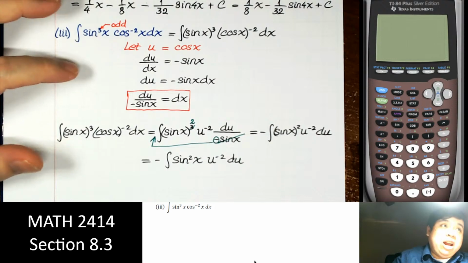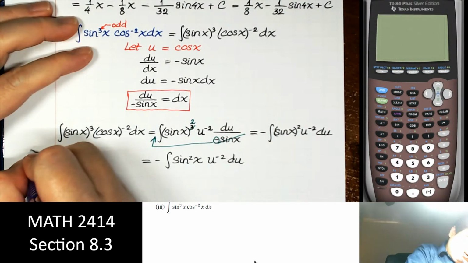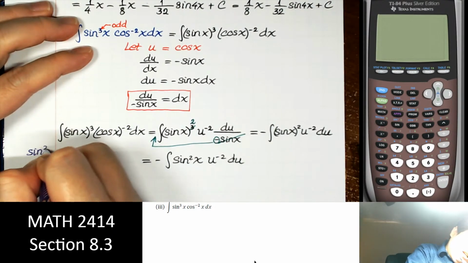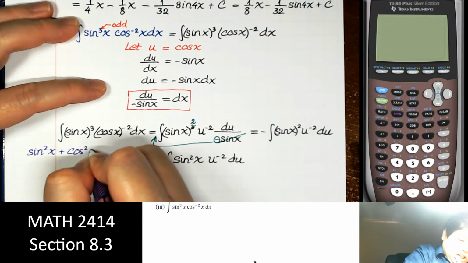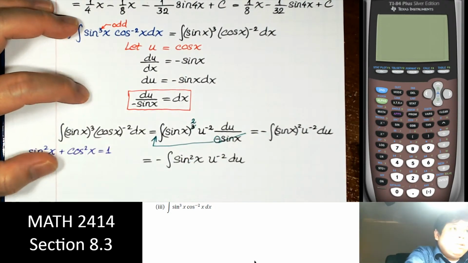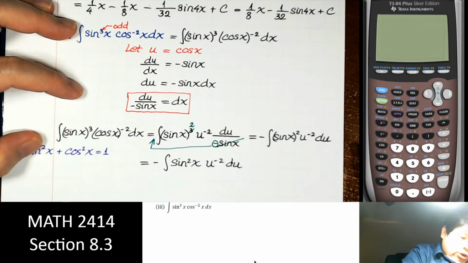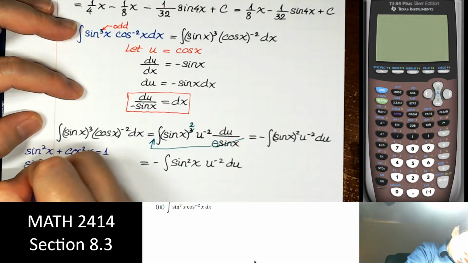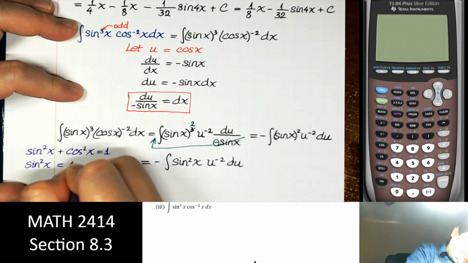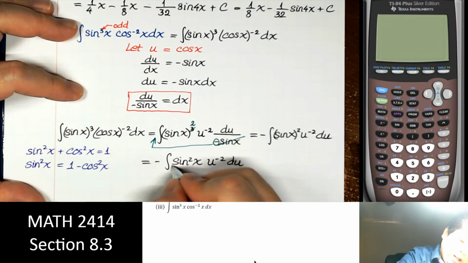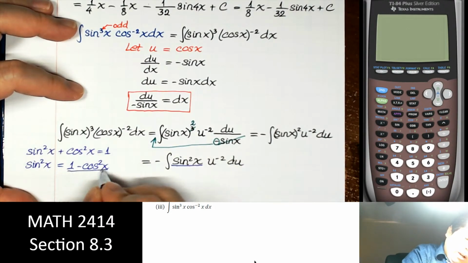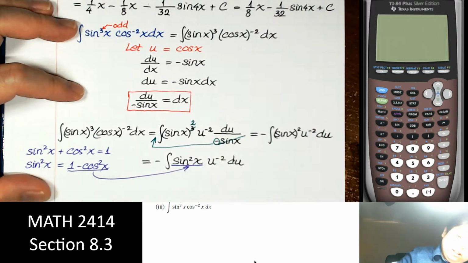Then it will be very good. So every time we have a square, try to utilize the Pythagorean identity. So we solve for sine square: one minus cosine square, and we substitute that in here.